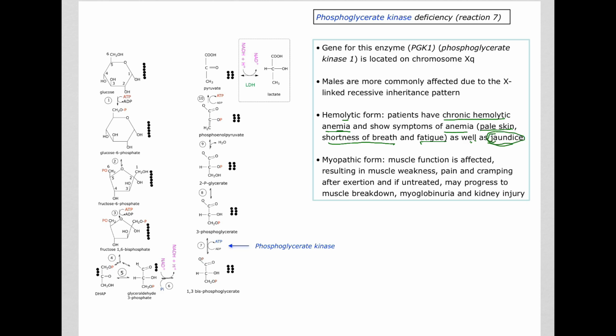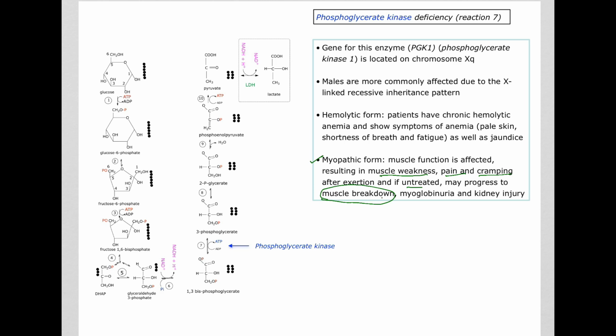And this chemical bilirubin is yellow, and it will lead to jaundice. In the myopathic form, the lack of energy generation in the muscles will lead to muscle weakness, pain, as well as cramping. And if this is untreated, it may lead to muscle breakdown. So the muscle cells will actually break down.